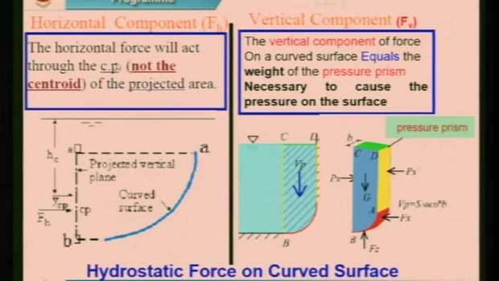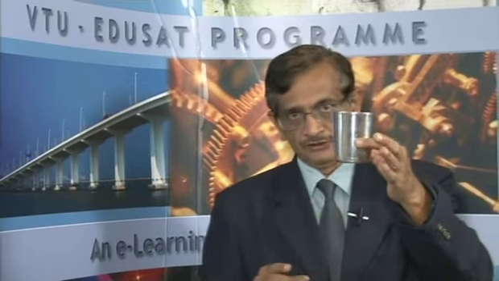Right. Let us talk about the curved portion also before we start the problems on the plane surfaces. As I explained to you yesterday, for any curved surface, let us take this glass, this is a curved surface, and assuming that there is water on this side, correct? So, how to calculate?